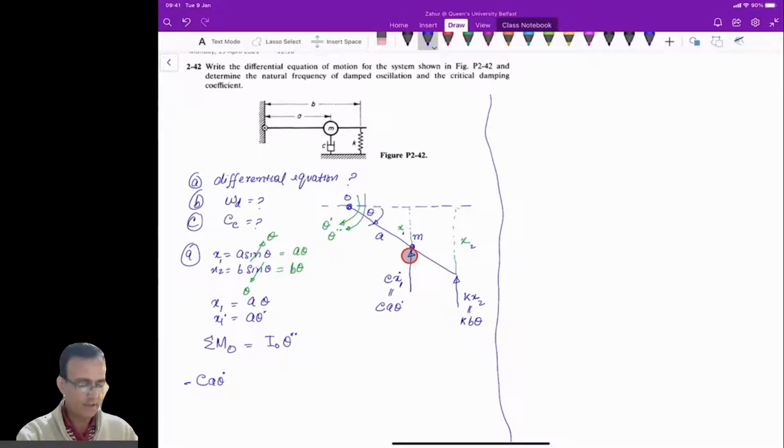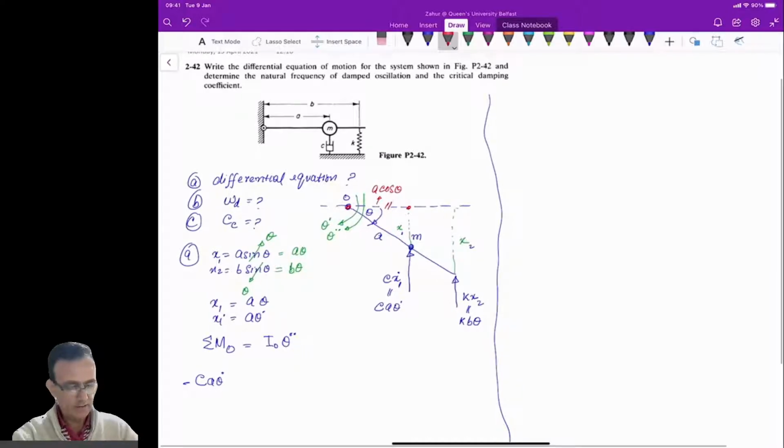The moment arm in this case is this distance here, from here to here. And we know that this distance is a cos theta.